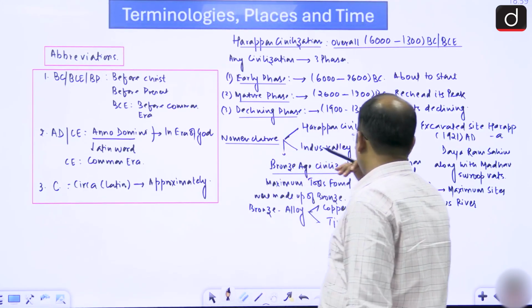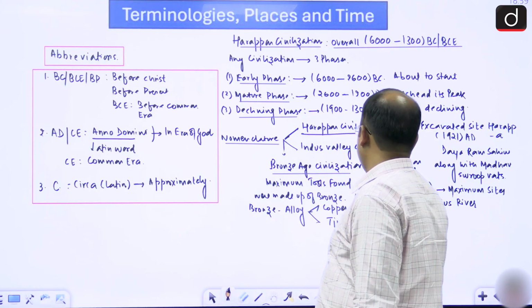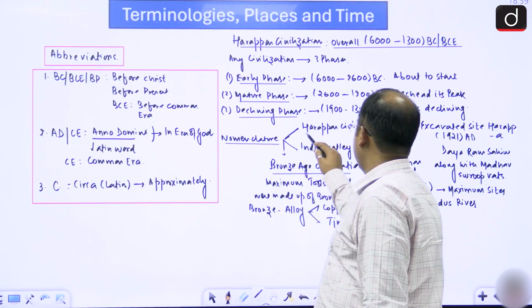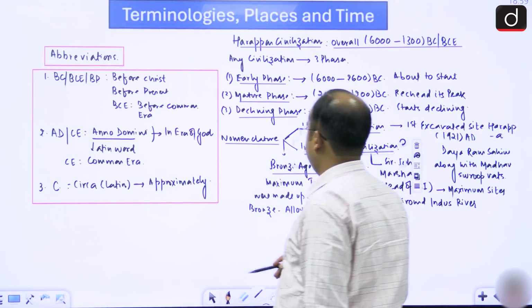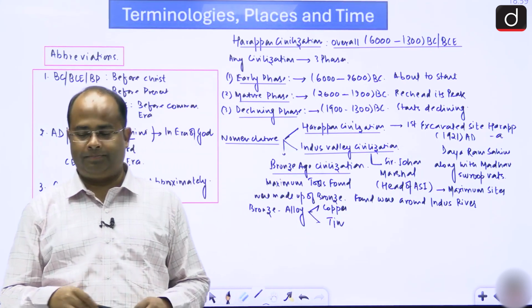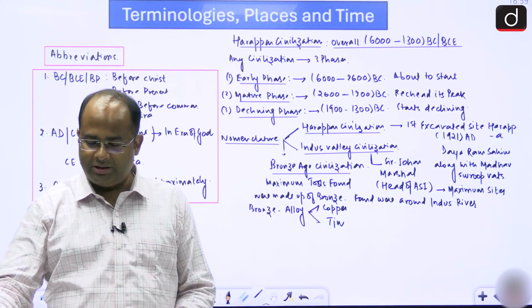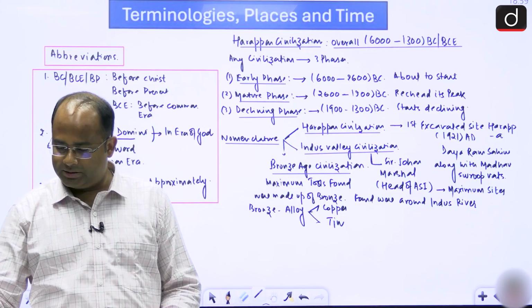So these are the reasons behind the nomenclature: why it is called Harappan Civilization, why it is called Indus Valley, and why it is called Bronze Age. But out of these three, which is the most appropriate name?